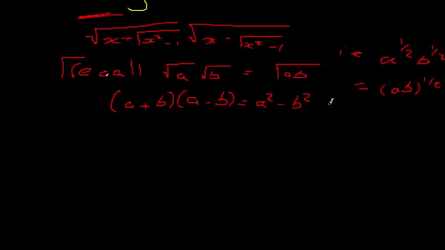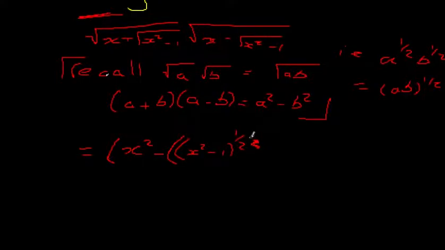So recalling this, I'll use index powers this time. This is going to be a squared. So a here is x, so this is x squared. B is root x squared minus 1, because we're minusing it here. So we're going to have minus x squared minus 1 to the half, squared, with another bracket around this, and this is all to the power of a half by applying this law.